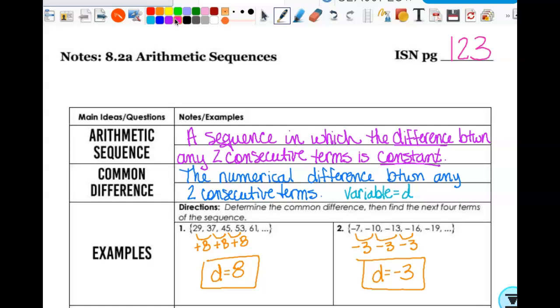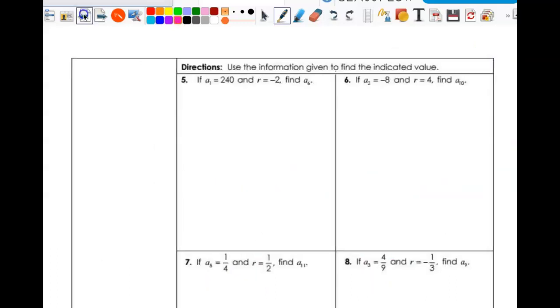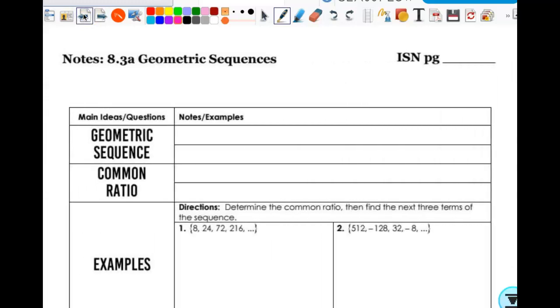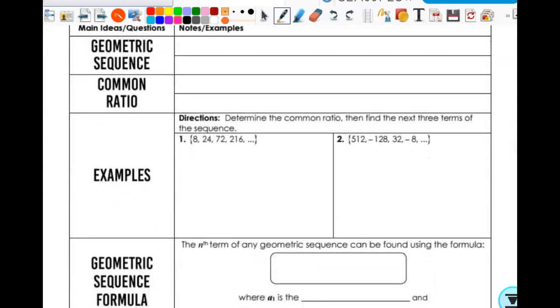Okay. So then let's look at today's. There we go. This is going on page 124 when we are done. So that was an arithmetic sequence yesterday. Today we're going to talk about a geometric sequence.